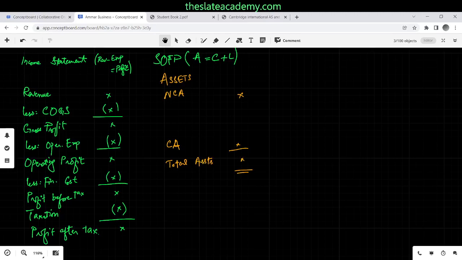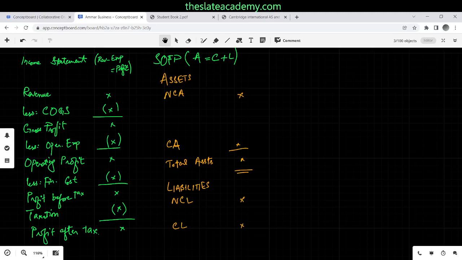And on the other end, I will have liabilities. Liabilities would also be divided into non-current liabilities and current liabilities. You both know the distinction between non-current and current, right? Yeah.